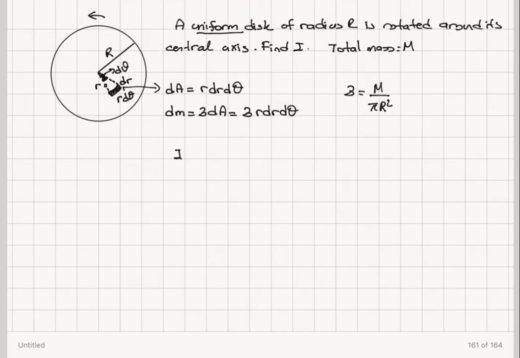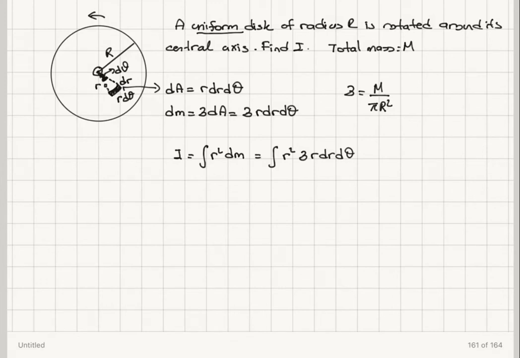Okay, so the total moment of inertia, I have to calculate the contributions of all such masses, is the integral of r squared dm. Now I ask myself, what is the distance from this small mass element to the rotation axis? The rotation axis is here, the central axis. It is the integral of r squared, and for dm I have to substitute sigma r dr d theta.